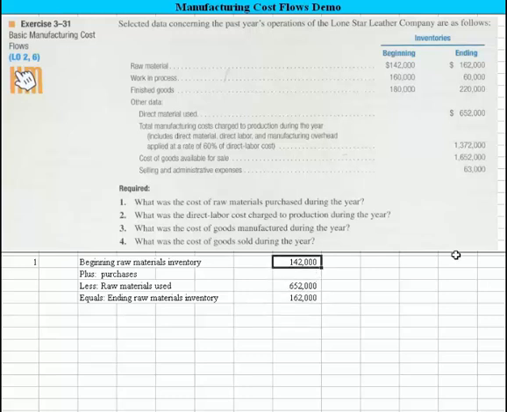Well, we know the beginning, and we know there must be some amount less the ending equals 162. All we have to do is solve for the missing amount.